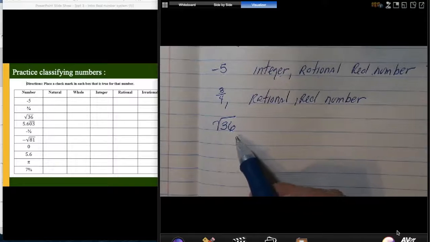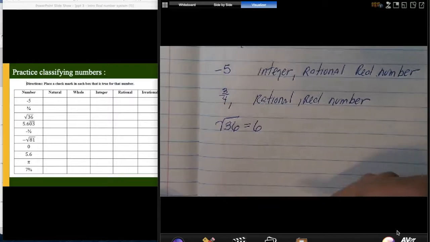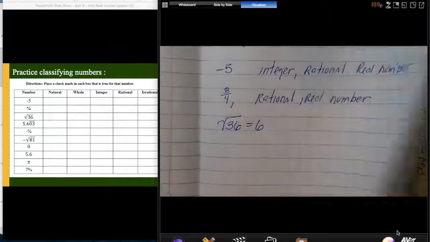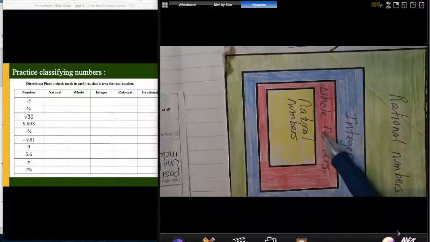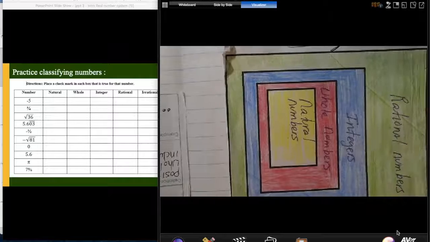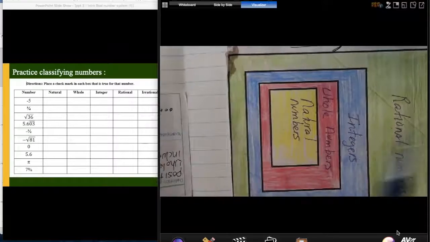So the next term to look at is the square root of 36. Now be careful with the square root of 36 because it can be simplified as 6. Now if we look at our chart, remember that 6 is a natural number, whole number, integer, rational, real. So I'm going to write these all down.